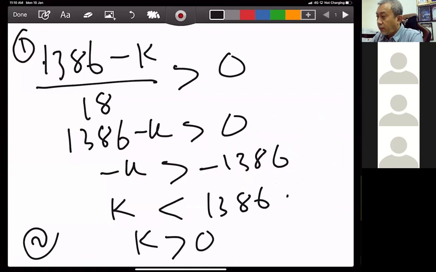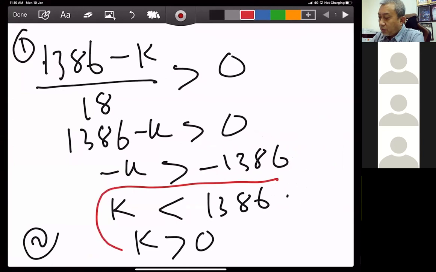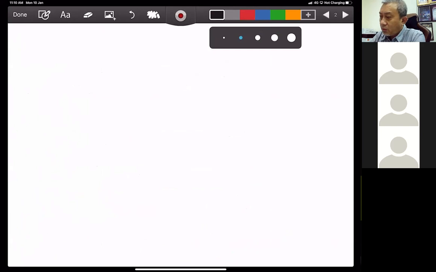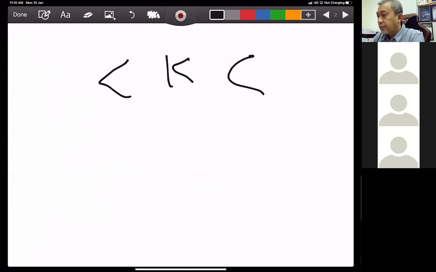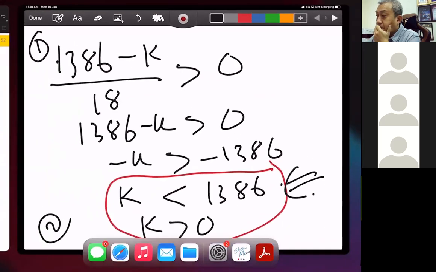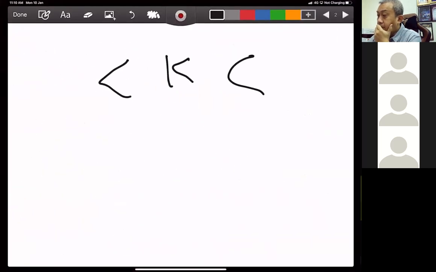From here, we found that there is a range. We can create an equation of the range. So what is the equation? It's between 0 and 1386.